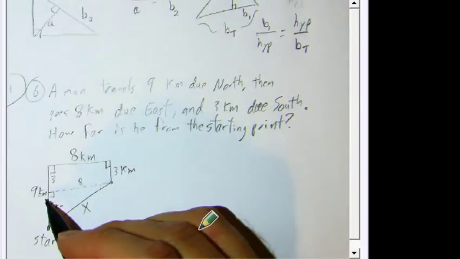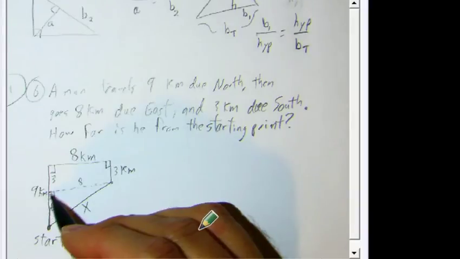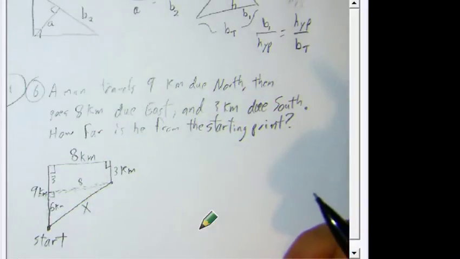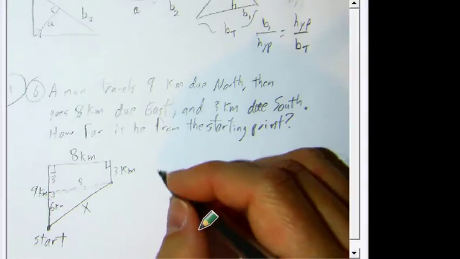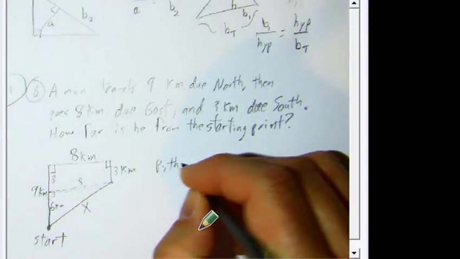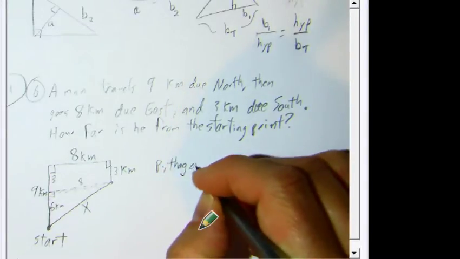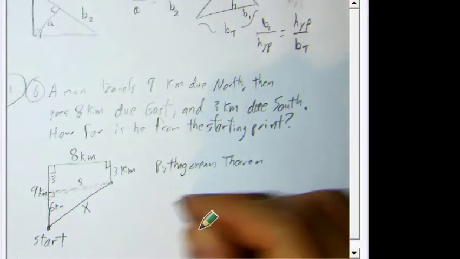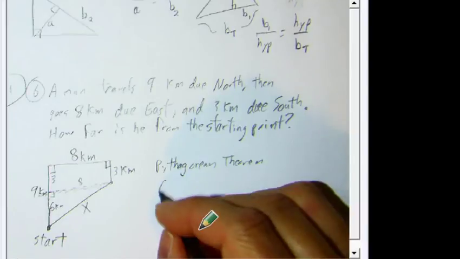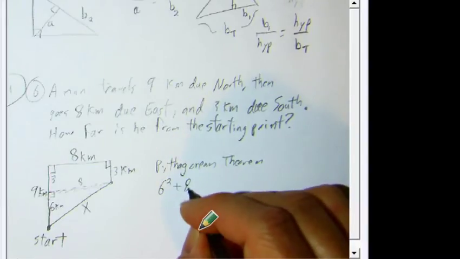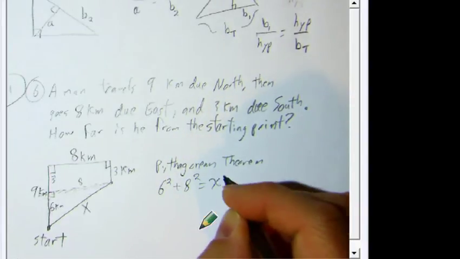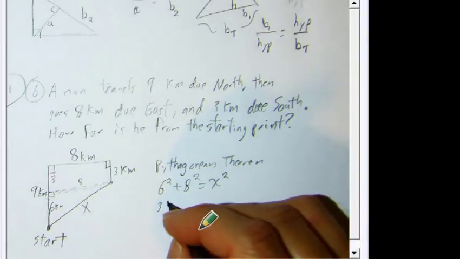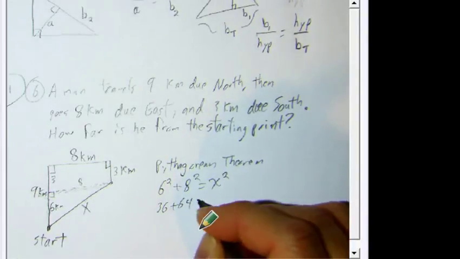Well, now I have this right triangle showing right here, and I know 2 of the sides. So, using the Pythagorean theorem, we have 6 squared plus 8 squared equals x squared, and then we solve this.